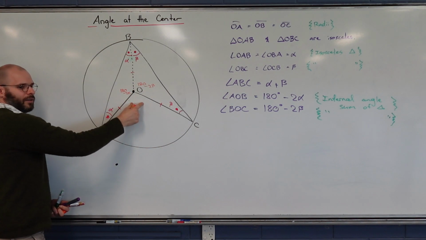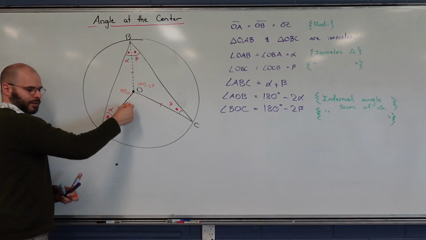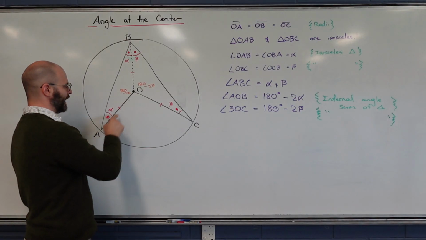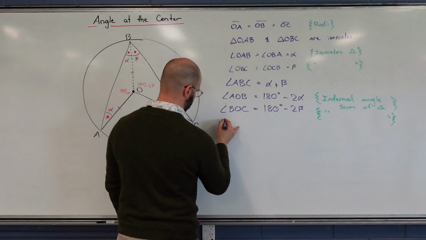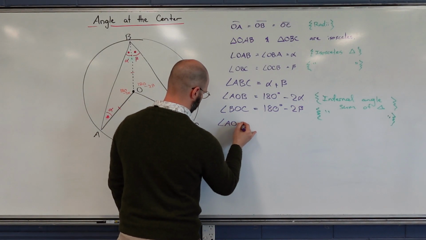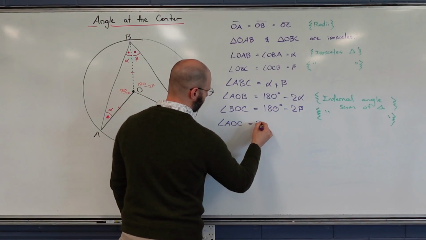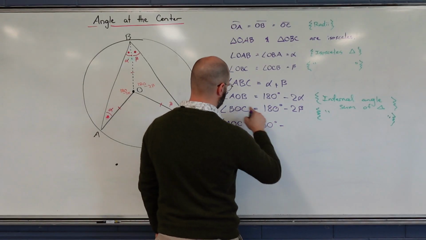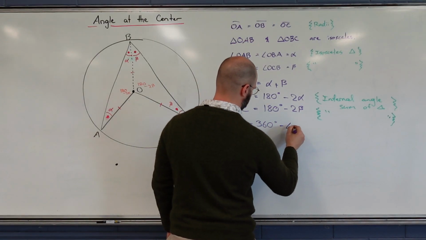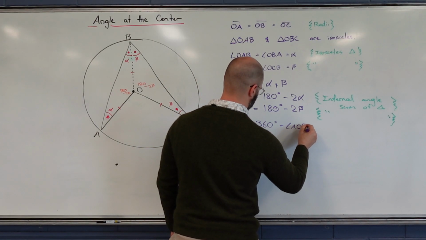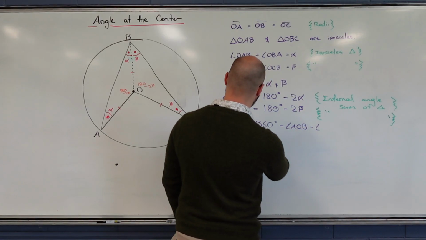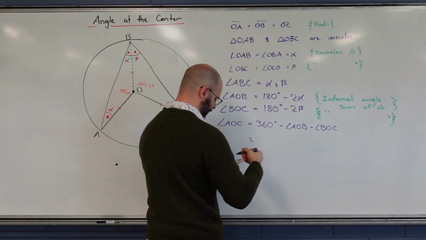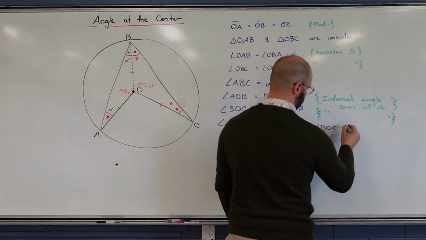So, can we figure out what this guy would be? Bingo. We know that angle AOC is going to be 360 degrees, take away AOB, take away BOC. This is angle at a point.